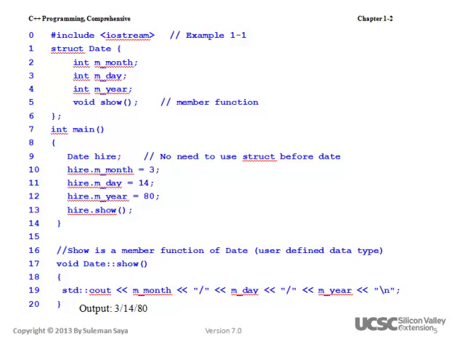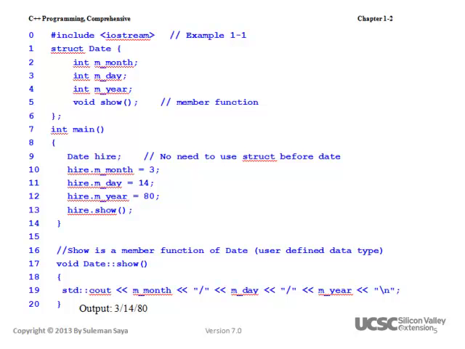So hire.m_month allows me to access that particular memory and assign anything that I want, in this case, of course, integer values. Because m_month is an integer type, I'm assigning, or hard coding, the data in that memory.